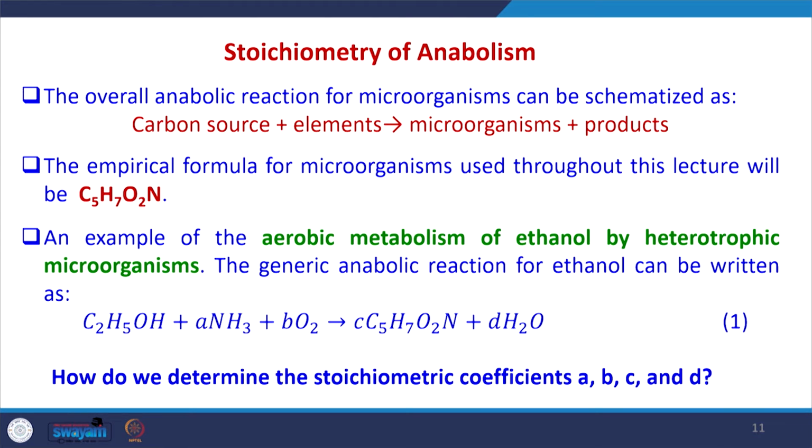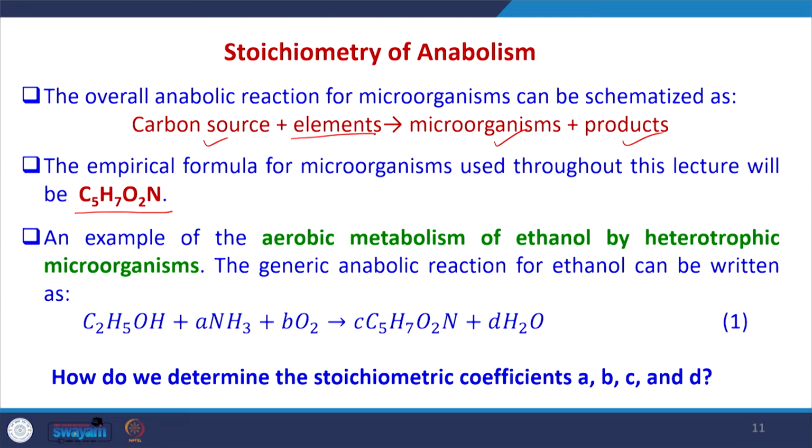So, the overall anabolic reaction for microorganisms can be schematized as: some carbon source will be there, some other key elements will be there, we will have microorganisms which are getting formed, and we have products which are getting released. Now, the empirical formula for the microorganism that will be used all throughout will be C5H7O2N.